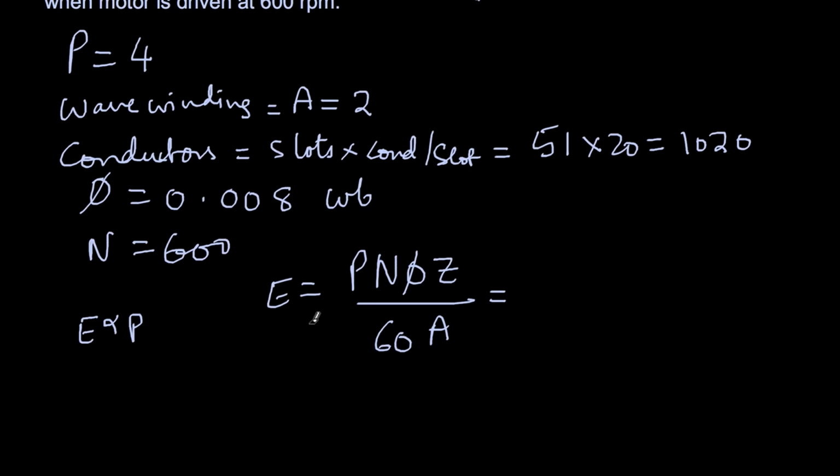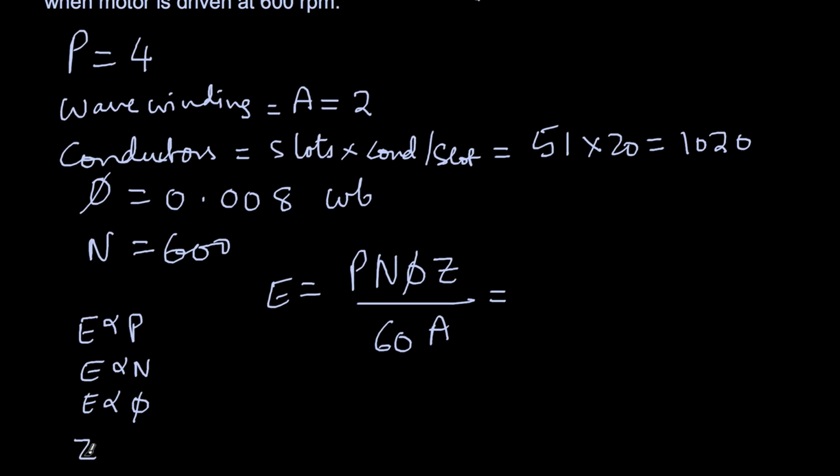Similarly, N is the speed. If I rotate faster, then I can generate more EMF because of d phi by dt. So E is proportional to N. Of course, E is proportional to flux too. If I have more flux linkages, more EMF can be generated.